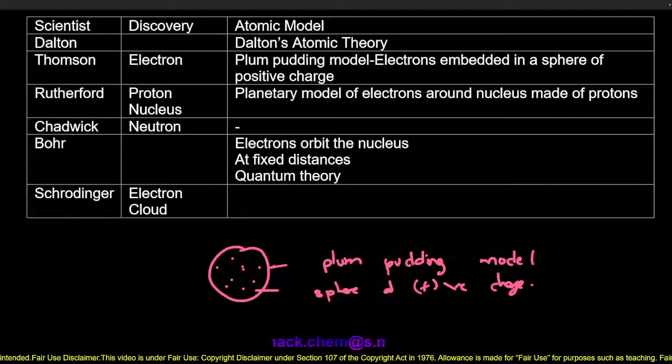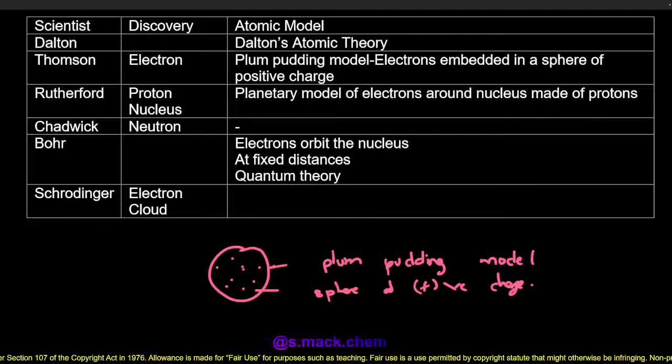After Thomson, we look at Rutherford, where Ernest Rutherford put forward the idea that Thomson's atomic model was not possible. Through his experiments, he determined that there was a concentration of positive charge at the center of an atom.